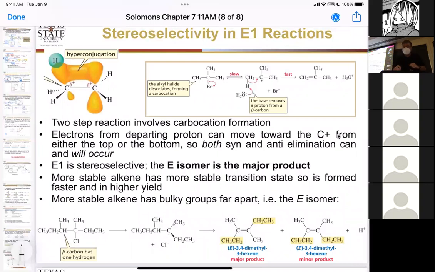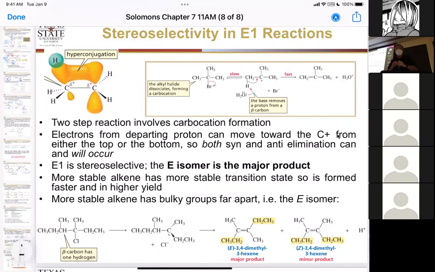That's going to allow it to have that nice stability and be in that fast reaction once you form the carbocation. Okay, so the slow step is forming the carbocation, then the fast step is losing that proton to whatever base is available to make your double bond.